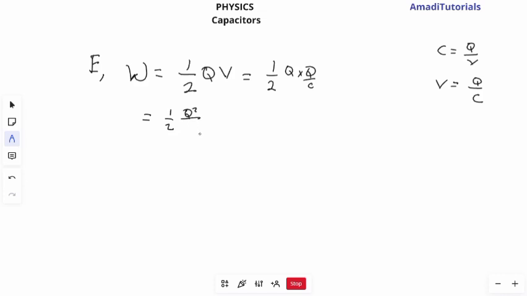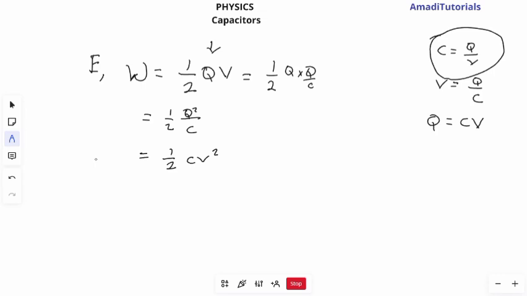So you can play around with these formulas. From this same equation, if you make Q the subject, Q will be C times V. And then if you substitute that in the energy formula, you have a half of CV squared.